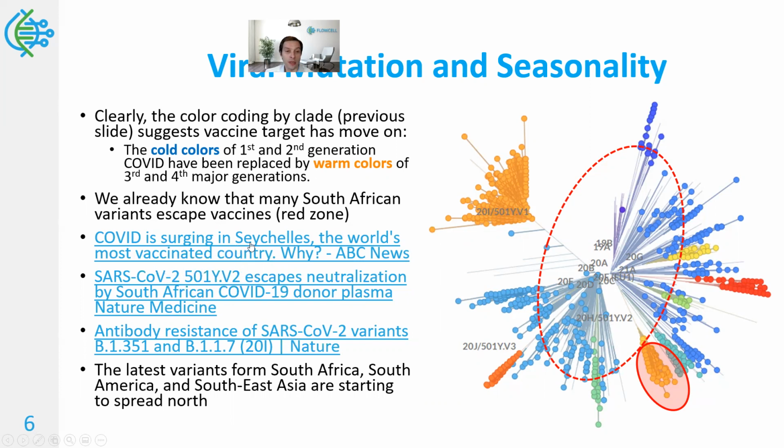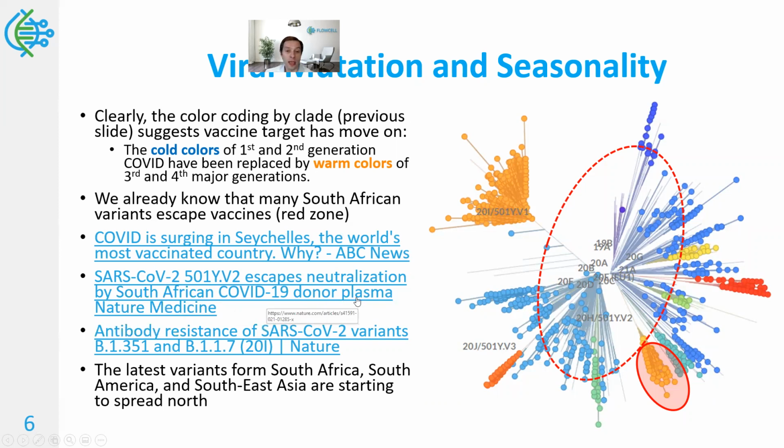For example, this island is the world's most vaccinated country, even more than Israel. And yet the virus was surging there, presumably because of these highly infectious strains. And scientific articles have also pointed out, here we're using a different designation for the yellow strain, the South African variant, escaping donor plasma inhibition.